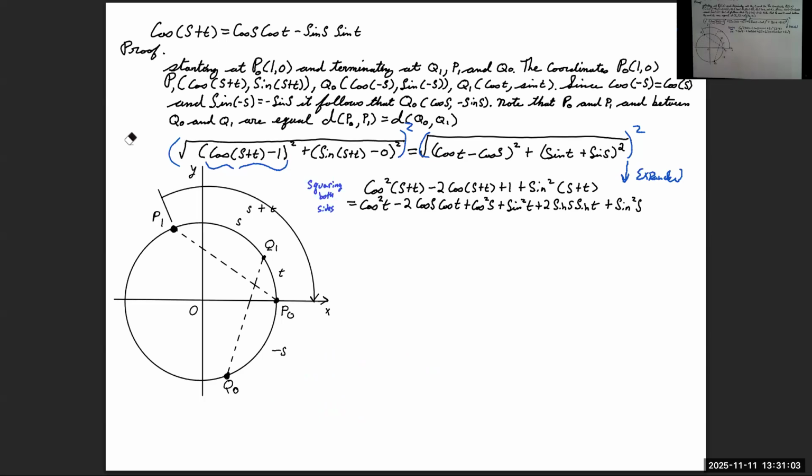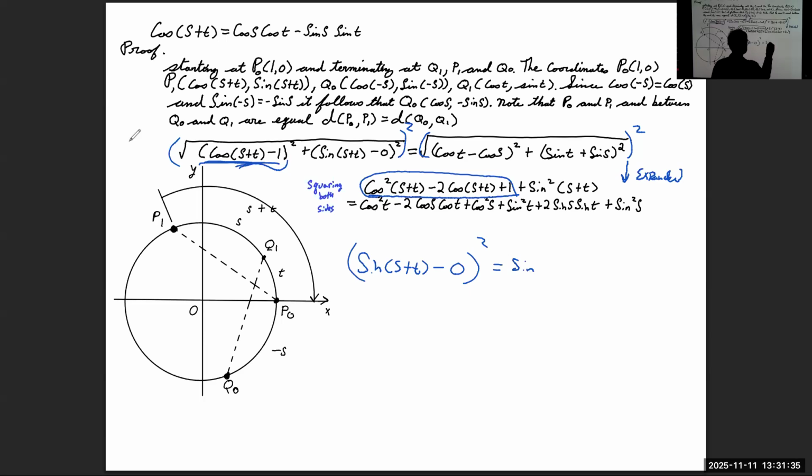Okay, so I have cosine squared s plus t minus 2 cosine s plus t plus 1. That comes from this part, all right? And then we have sine s plus t minus 0 squared. That's not too bad because minus 0 doesn't change anything. So we just have sine s plus t squared.